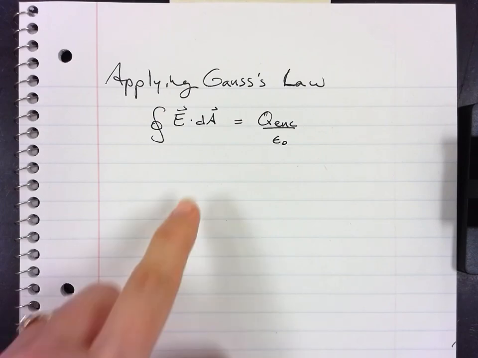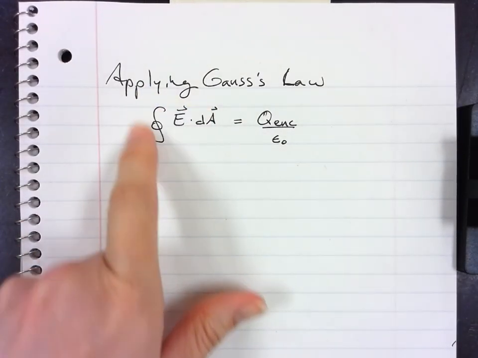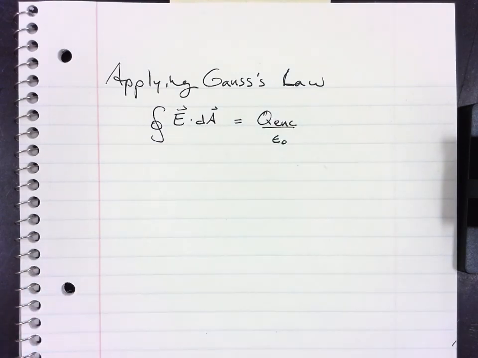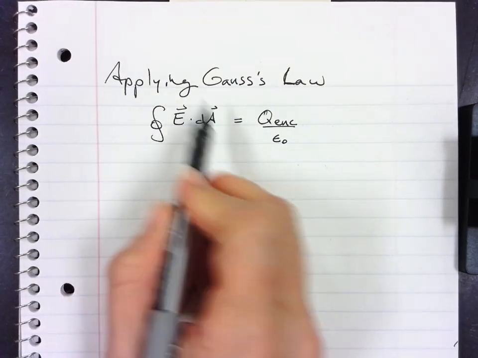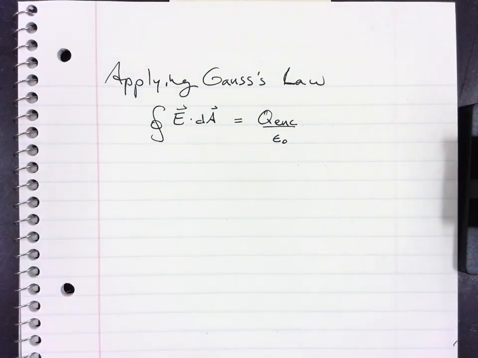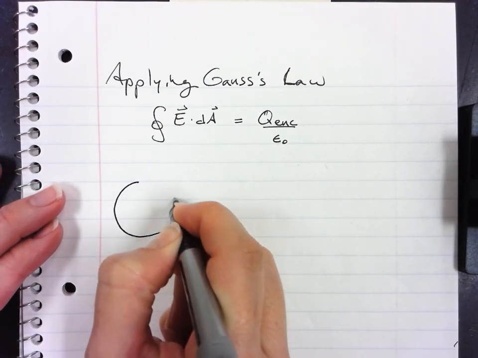For any closed surface, the electric flux, this total thing, is equal to only the charge enclosed divided by epsilon naught. But we don't really care about electric flux most of the time. Most of the time we want to know about electric fields, which means we need to be able to actually perform this integral. So we are going to start with a hollow sphere.